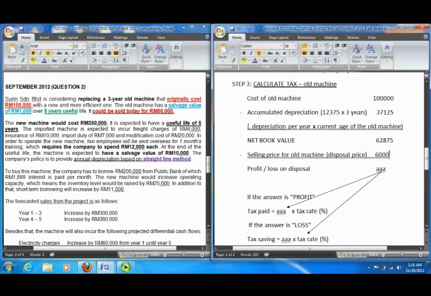You see, when you have all the information, so easy for you to extract and substitute into the calculation. Alright, class, cost of old machine minus your accumulated depreciation 37,125, and then you get your net book value 62,875 minus your disposal price of 60,000. Do you get loss or profit, class?